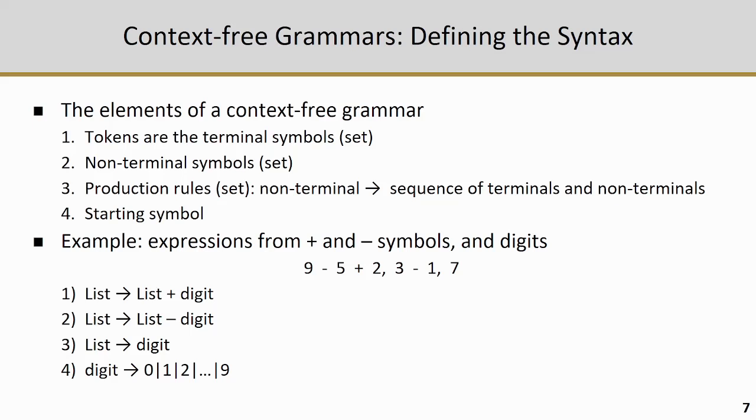So the context-free grammar contains tokens as the terminal symbols, and we have non-terminal symbols for the definition of rules, since every rule has a single non-terminal on its left-hand side and a sequence of terminals and non-terminals on the right-hand side. And somehow we have to define which is the start symbol.